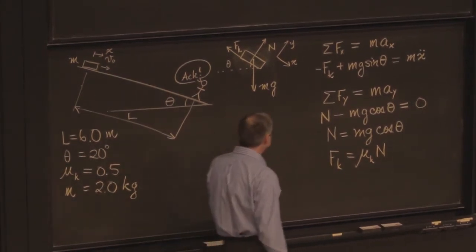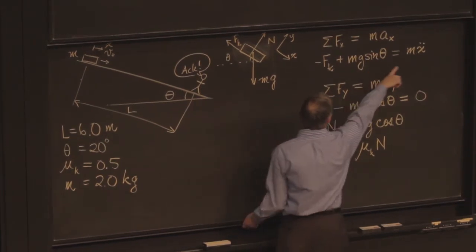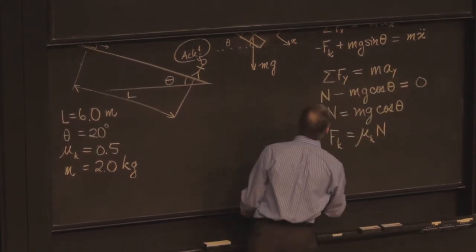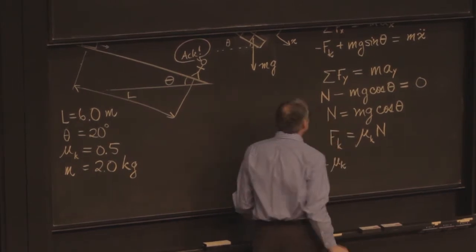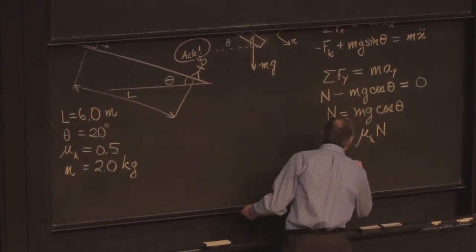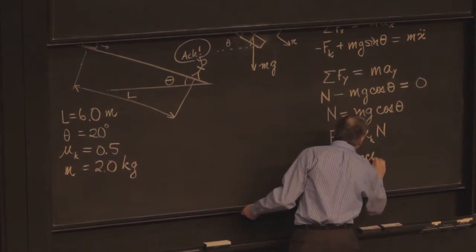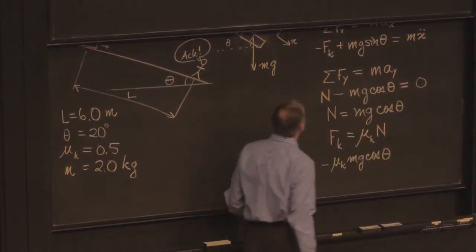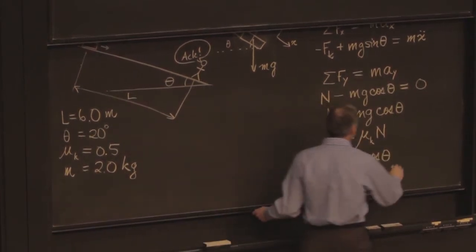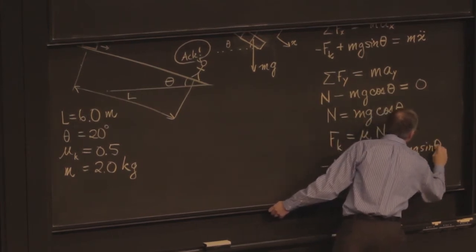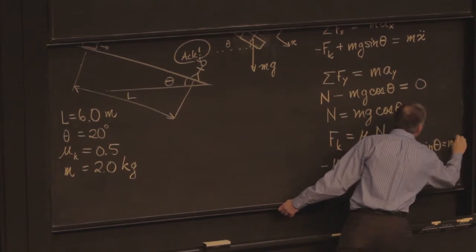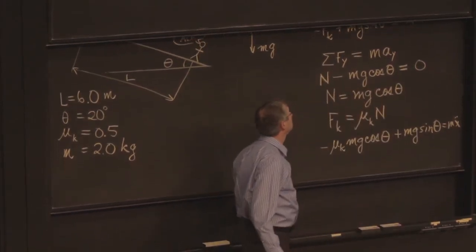So I can now substitute that in to this equation and get minus mu sub k times mg cosine theta plus mg sine theta is equal to m x double dot.